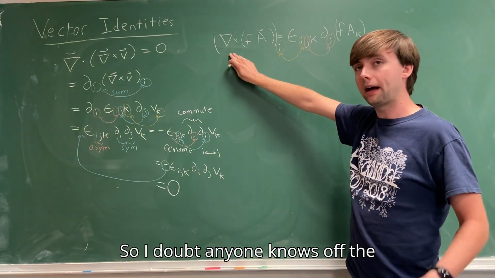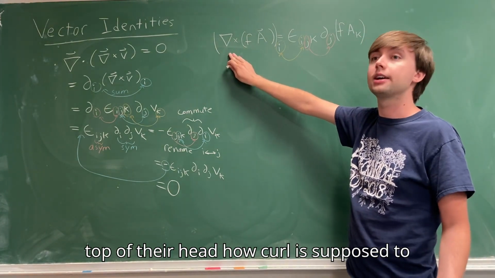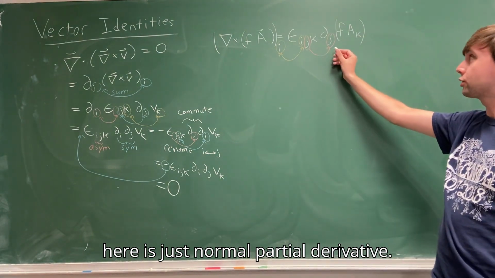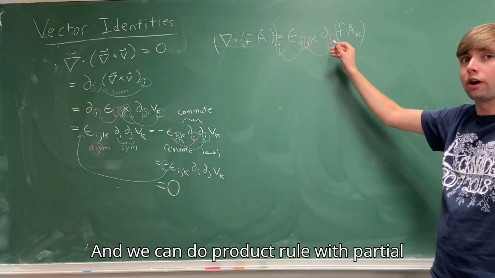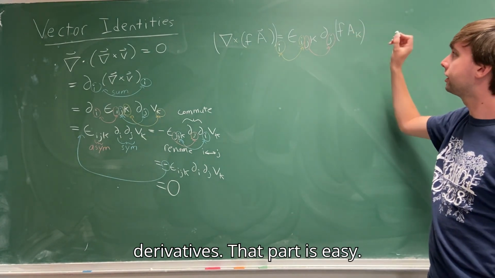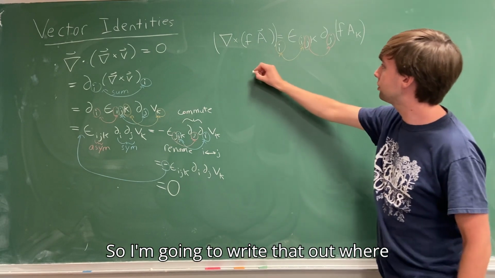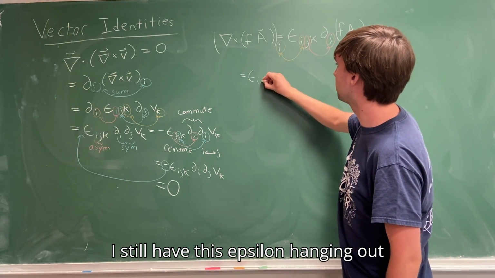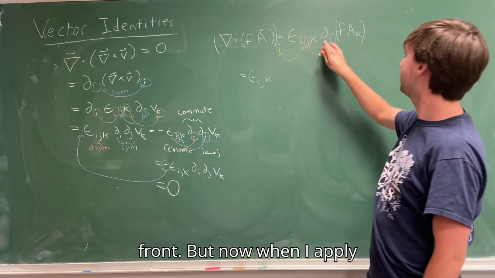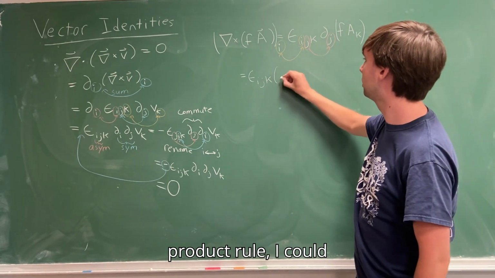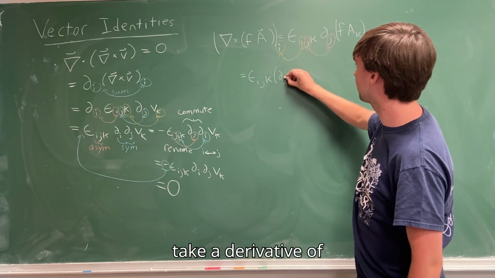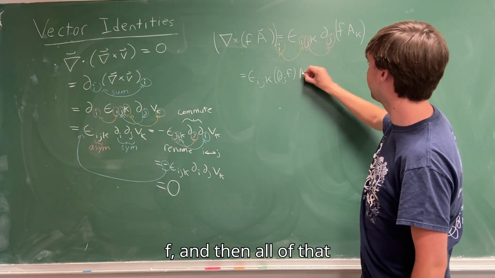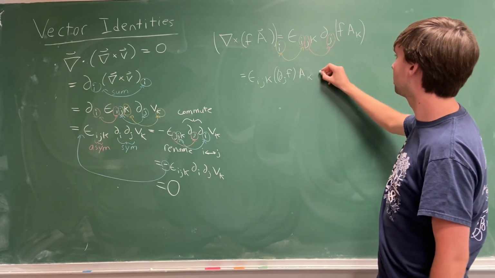So I doubt anyone knows off the top of their head how curl is supposed to apply the product rule. But this right here is just a normal partial derivative. And we can do product rule with partial derivatives. That part is easy. So I'm going to write that out where I still have this epsilon hanging out front. But now when I apply product rule, I could take a derivative of f, and then all of that is times my vector component.